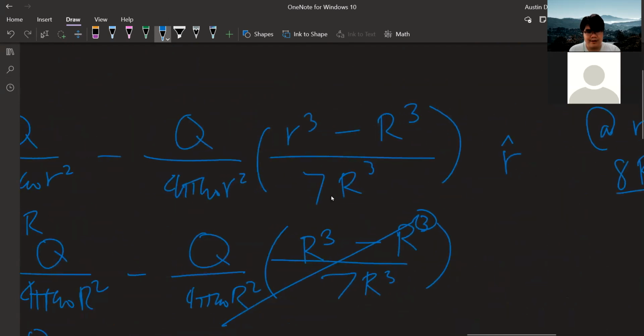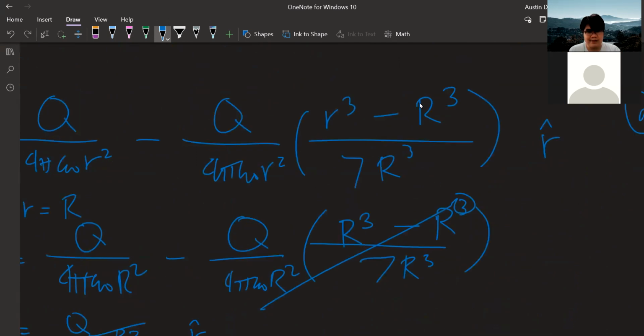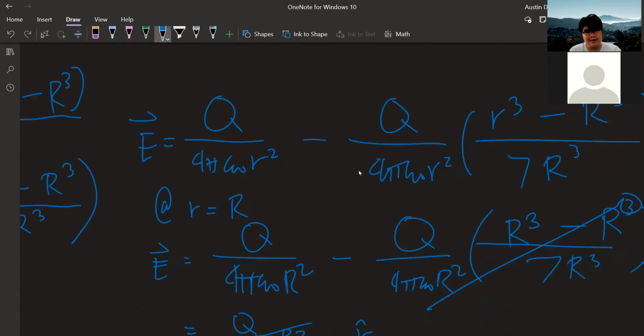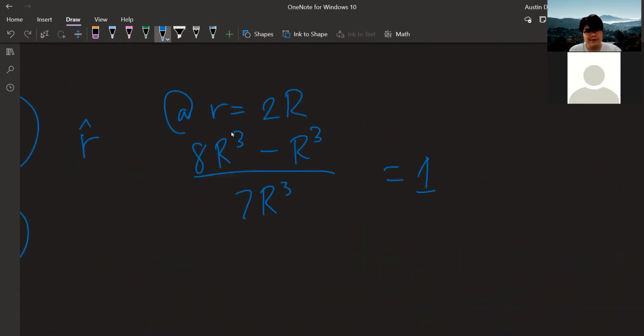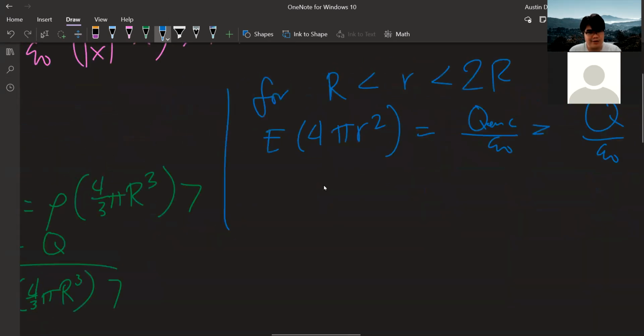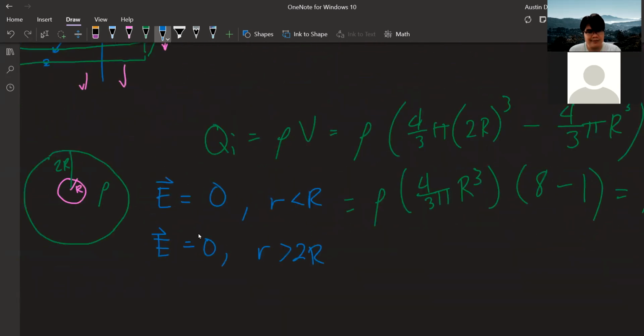So the two terms are equal, so E is 0 upon reaching 2R. It's continuous because at r greater than 2R, what we inferred is that E is equal to 0.